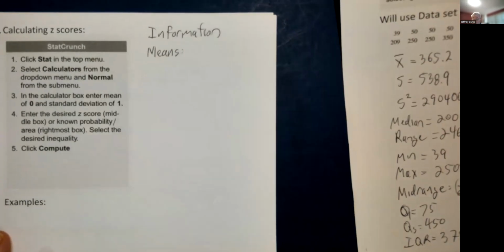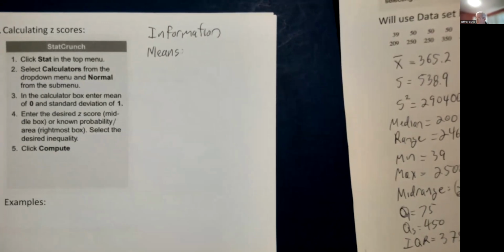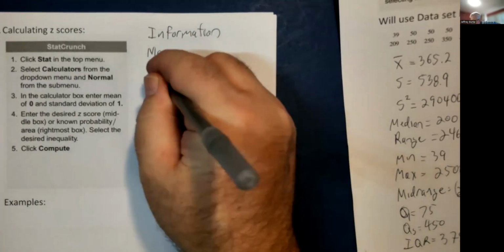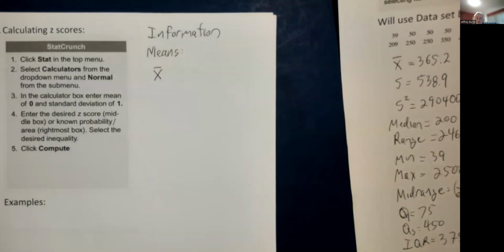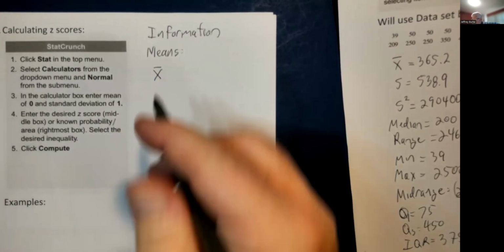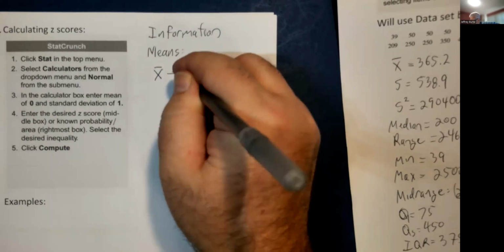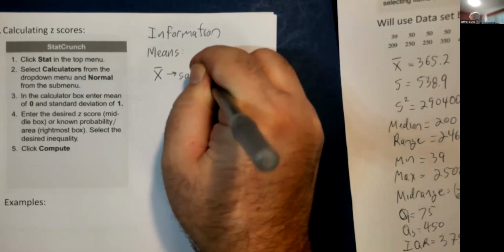The distinction is not so important at this time, but is going to become significantly more important later on. When we talk about statistics, we most frequently work with sample data. And when we work with sample data, we generate what is called a sample mean, which is noted by an X bar. This is going to be a sample mean.